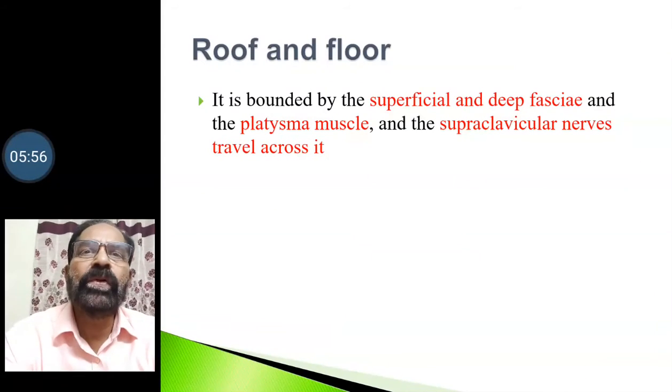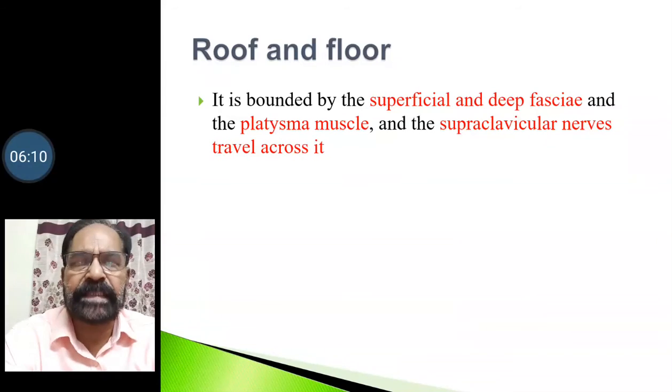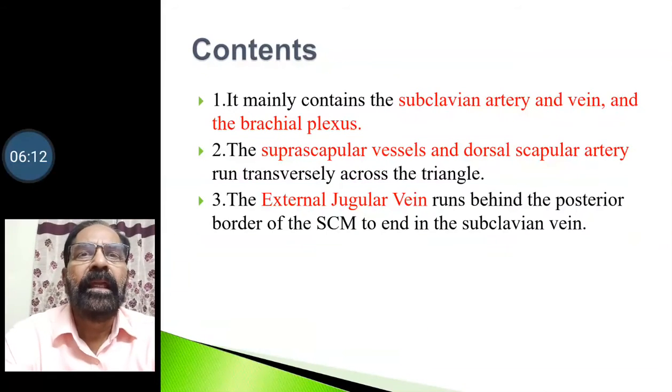Then coming to floor and roof, it is bounded by the superficial and deep fascia and the platysma in the superficial fascia, and the supraclavicular nerves cross it. Coming to contents, it mainly contains the subclavian artery, subclavian vein, and the cords of the brachial plexus.